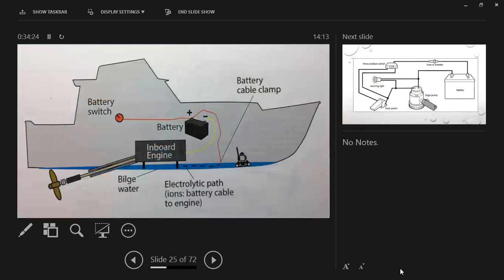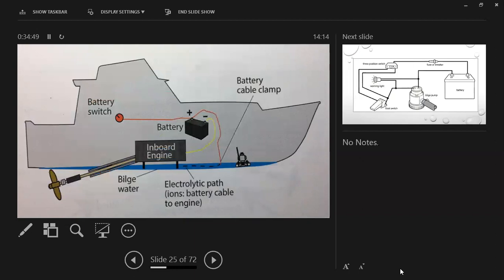Same situation here, and this is more likely: the cable just drops into the bilge water. You've got the same thing here, okay? A bronze, copper battery clamp has dropped into the water. That becomes the anode, and you get exactly the same process.